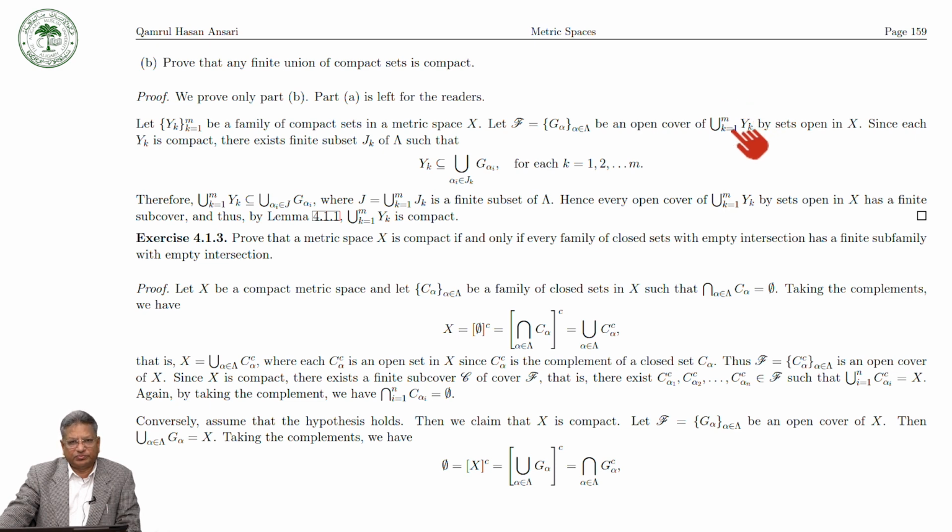So let F = {G_alpha : alpha in Lambda}, where Lambda is any index set, be an open cover of the union of Yk by sets open in X. Since each Yk is compact, there exists a finite subset Jk of Lambda such that Yk is contained in the union of G_alpha_i with alpha_i in Jk, for k running from 1 to m.